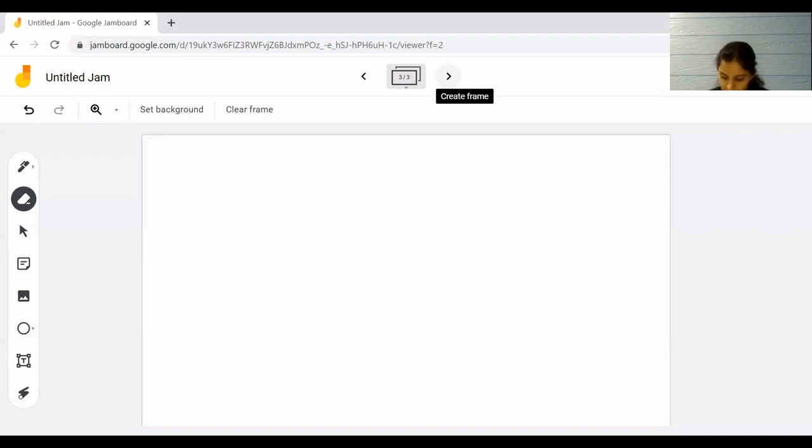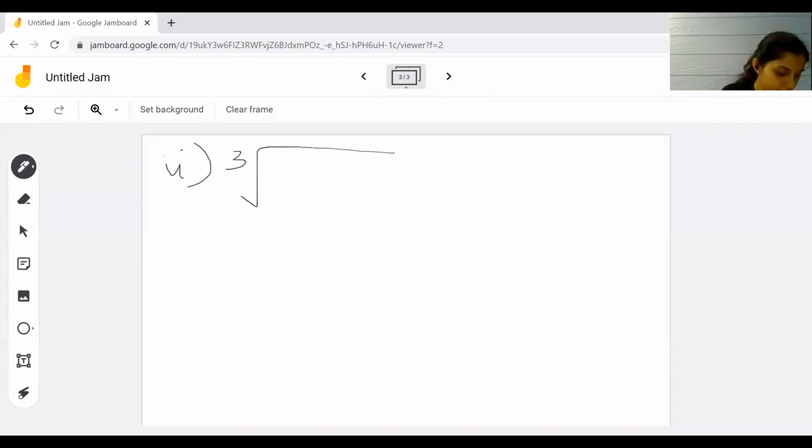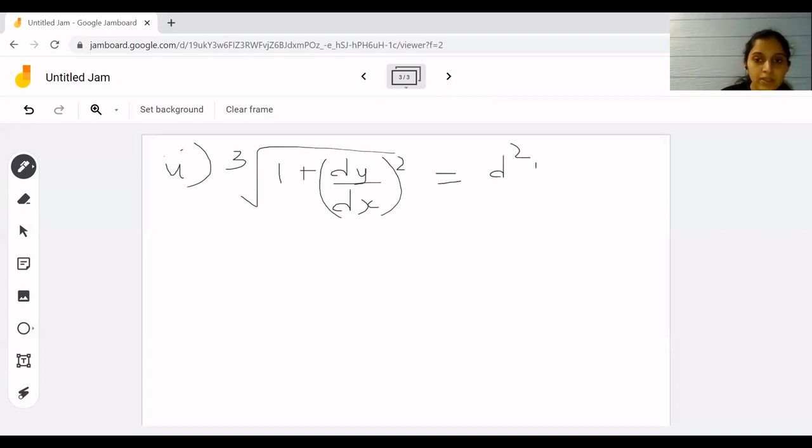Okay, starting with exercise 6.1, determine the order and degree of each of the following. The first one I just did for you. I'm doing the second one now. So the second one is cube root of 1 plus dy by dx the whole square equal to d2y by dx square.